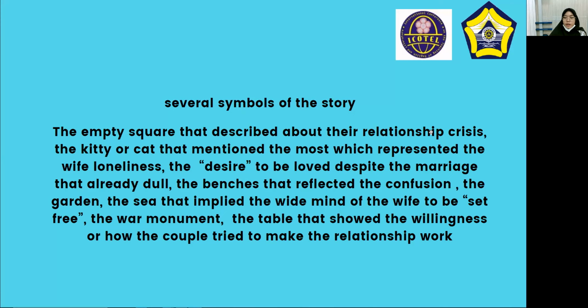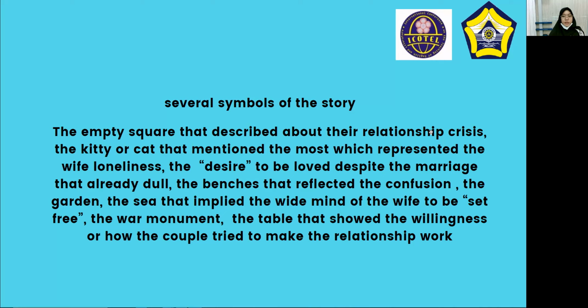In the findings and discussion, there are several symbols we can find in the story. For instance, the empty square describes their relationship crisis. The kitty, or the cat itself, is also a main symbol because it is mentioned the most and sometimes along with other symbols.